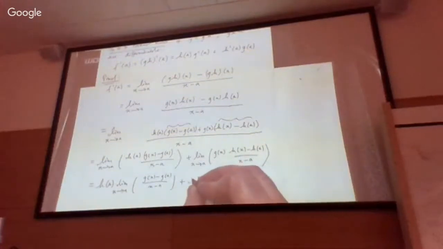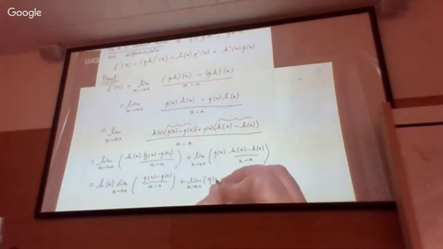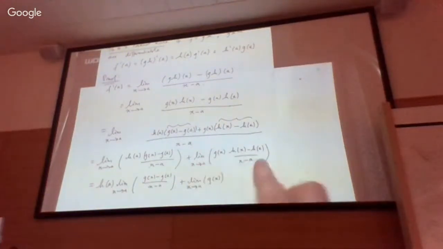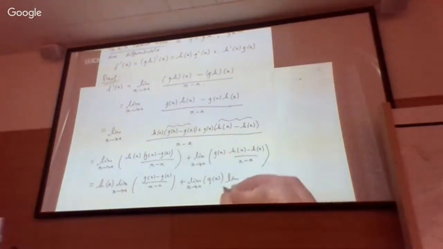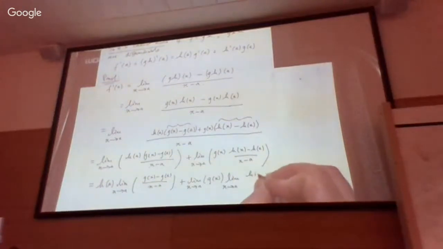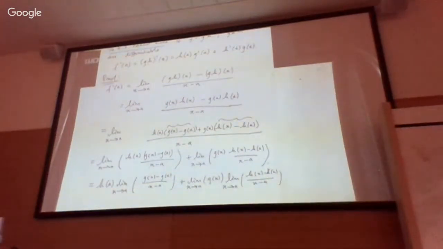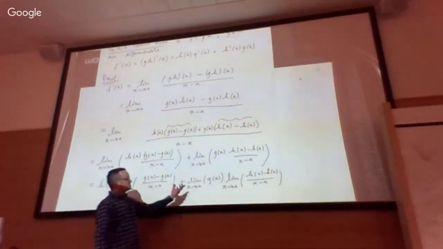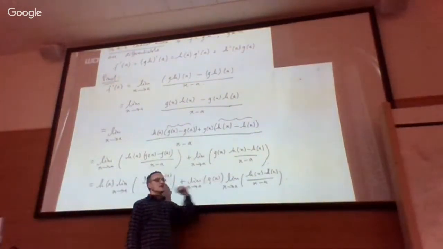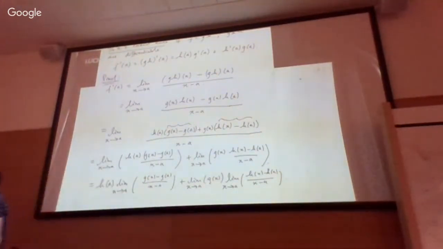So we use the fact that the limiting process is multiplicative, first of all. So the limit of this product is the product of the two limits. But then g is continuous. So the limit as x approaches a of g of x is g of a.